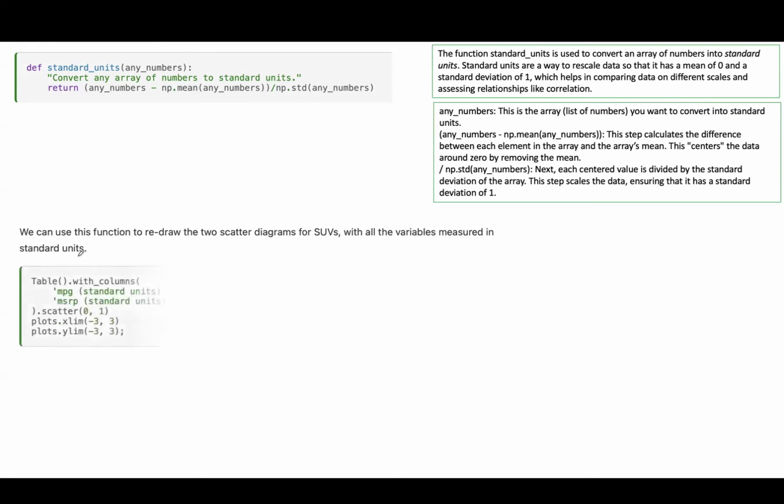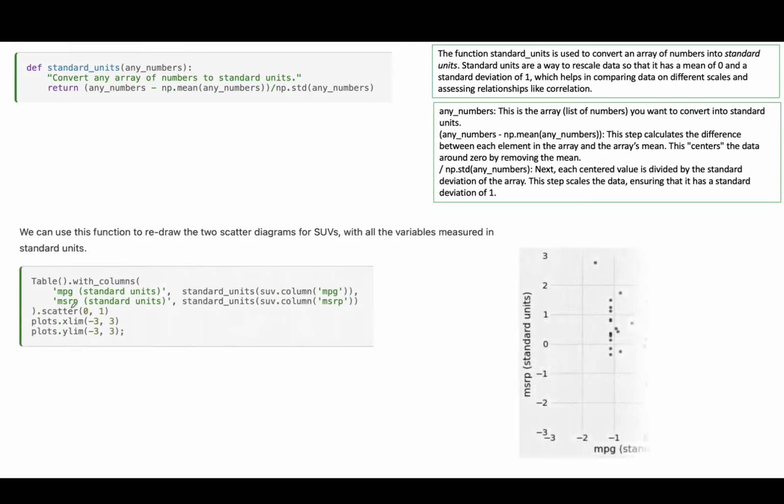If you look at the table with columns all in standard units, MPG and MSRP, the behavior of the scatter plot is the same as before, but the scale on the horizontal line and also on the vertical line is centered at 0, with 1 unit to the left, 1 unit to the right, 2 units to the left, 2 units to the right, 3 units to the left, 3 units to the right, and the same here.